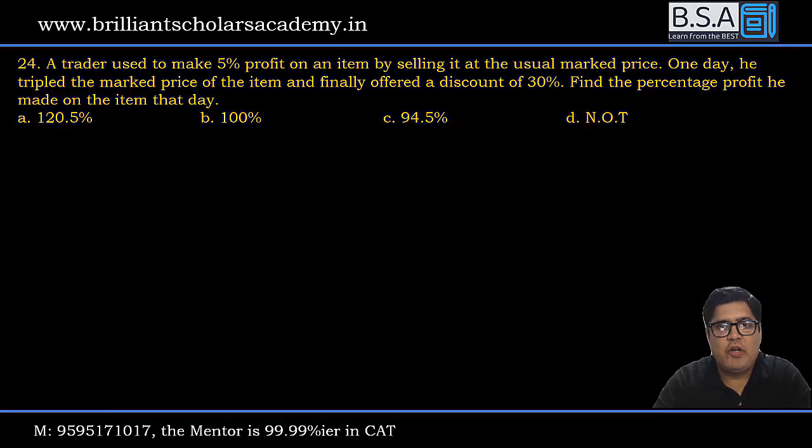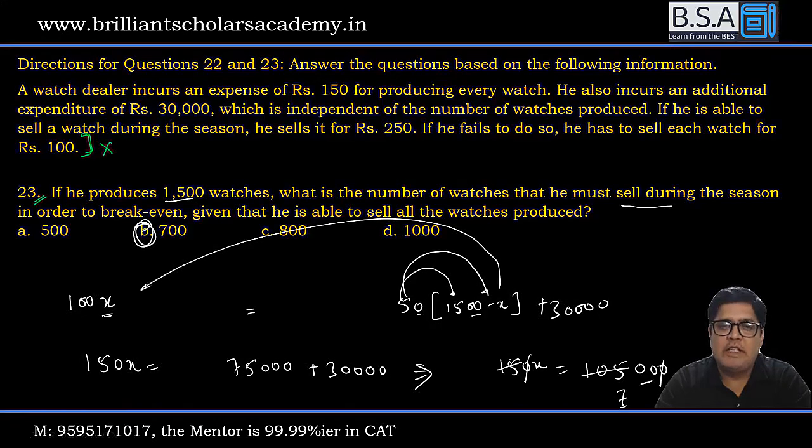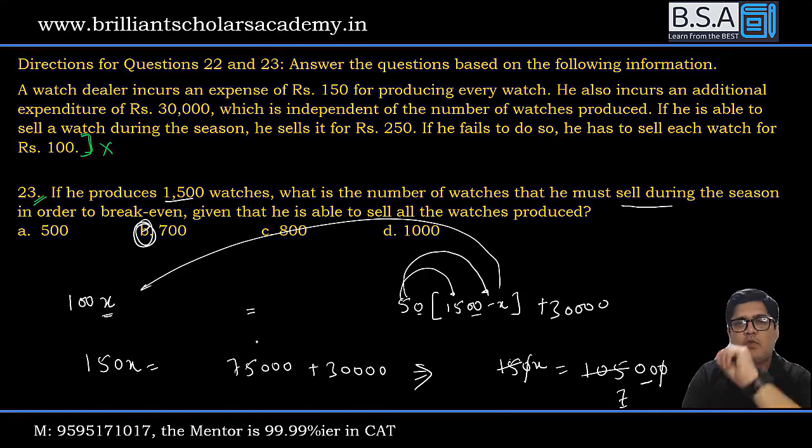You are trying to solve it by equating the total cost in the previous example. Then you will have to include loss as well in this. You'll have to include loss as well. Because when you sell a watch for ₹100, then its loss will also come, right? You want to solve through those numbers.